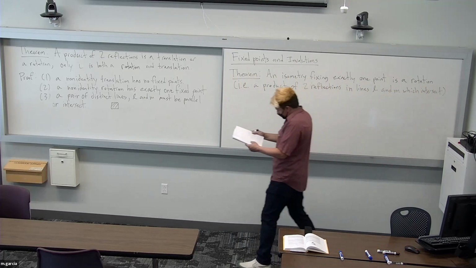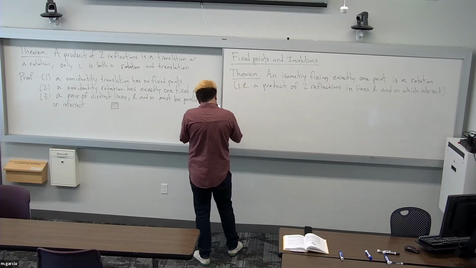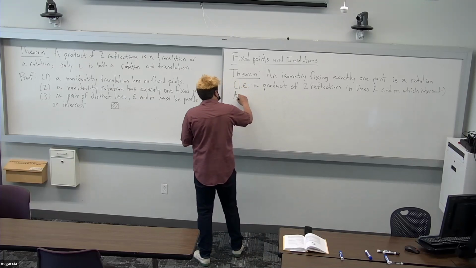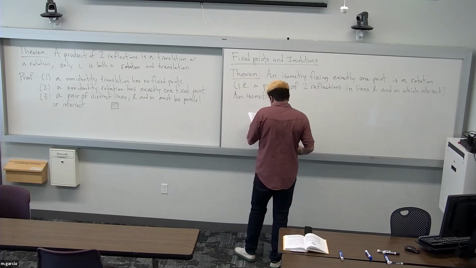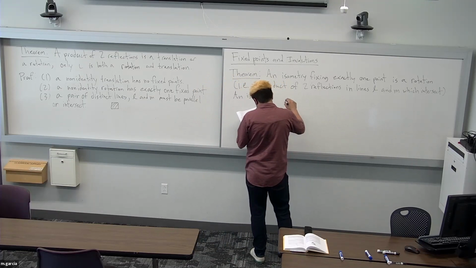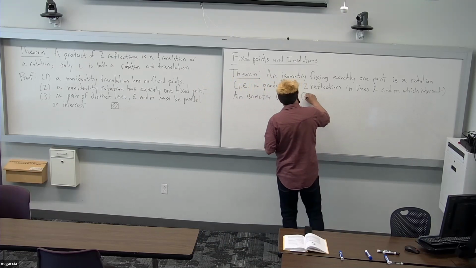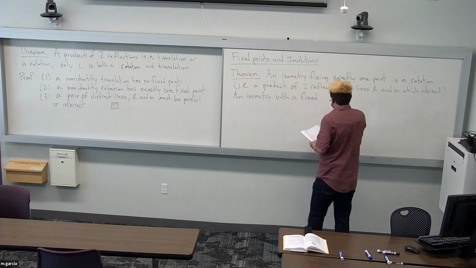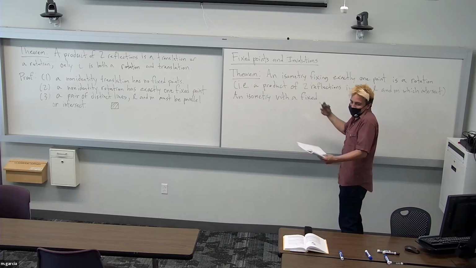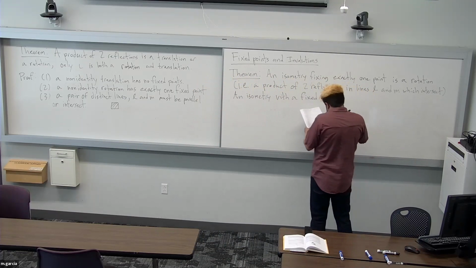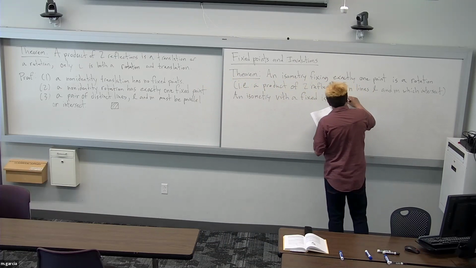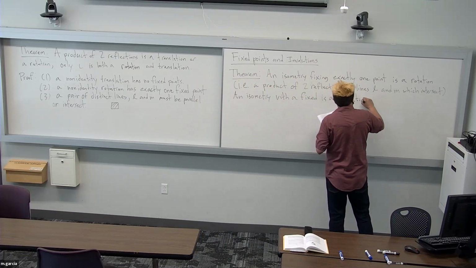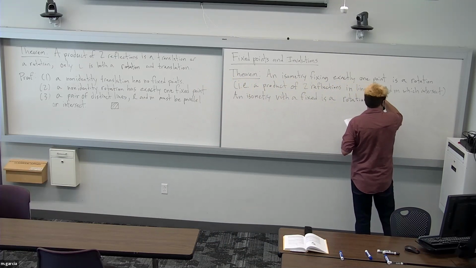And an isometry with a fixed point, not saying exactly 1, but just having a fixed point, is a rotation or reflection.